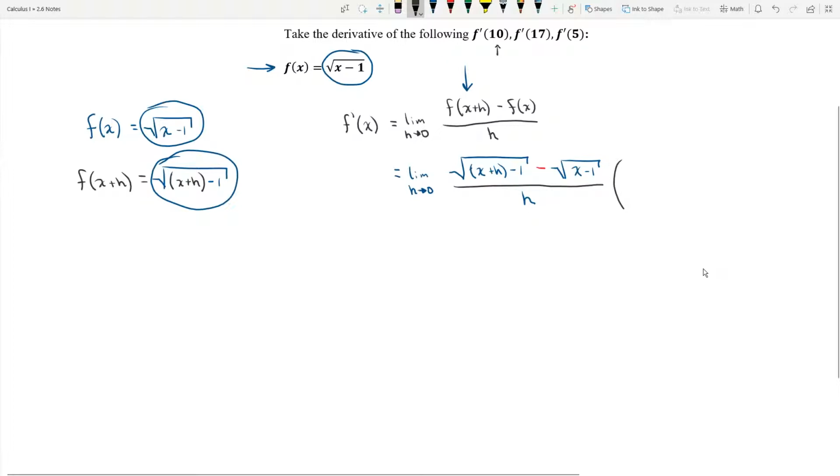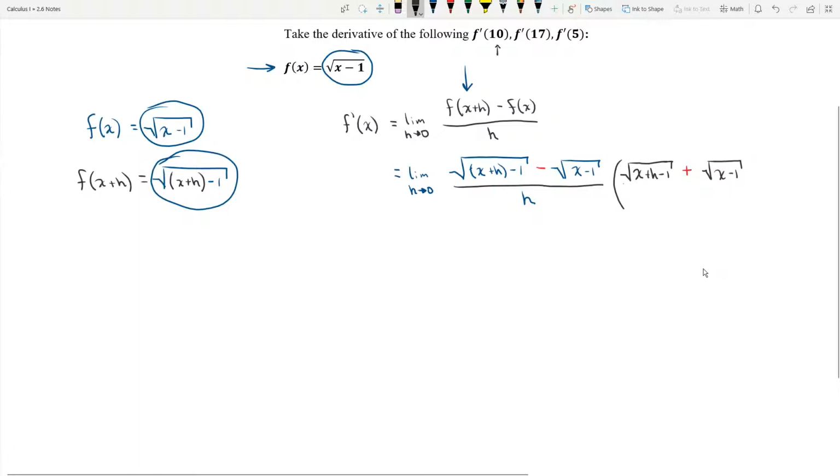So if I multiply by the conjugate of the numerator, or rationalizing the numerator is another way to express the same thing, I am simply rewriting the entire numerator, the square root of x plus h minus 1 and the square root of x minus 1. So those values stay the same. The only one that changes is in between here. We're going to put plus.